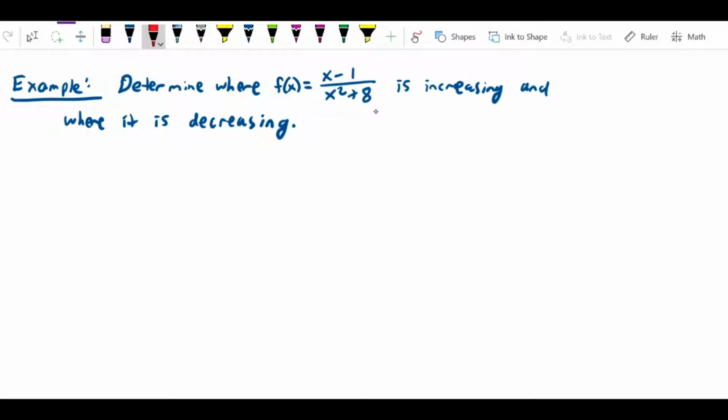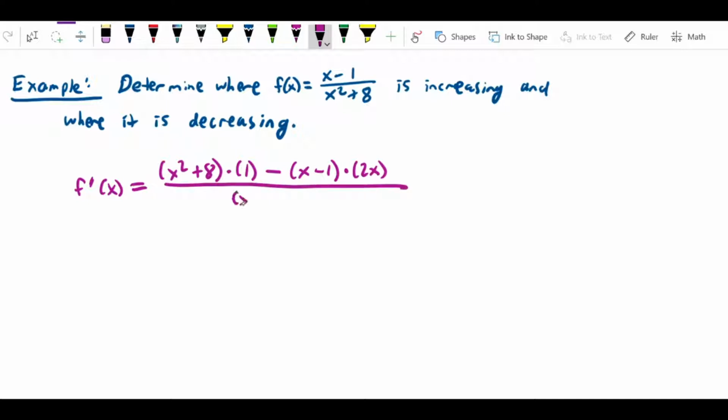So what we want to do is calculate f prime of x, which we'll do using the quotient rule for derivatives. That's going to be x squared plus 8 times the derivative of the top, which is 1, minus the top times the derivative of the bottom, which is 2x, and that's over x squared plus 8 squared.